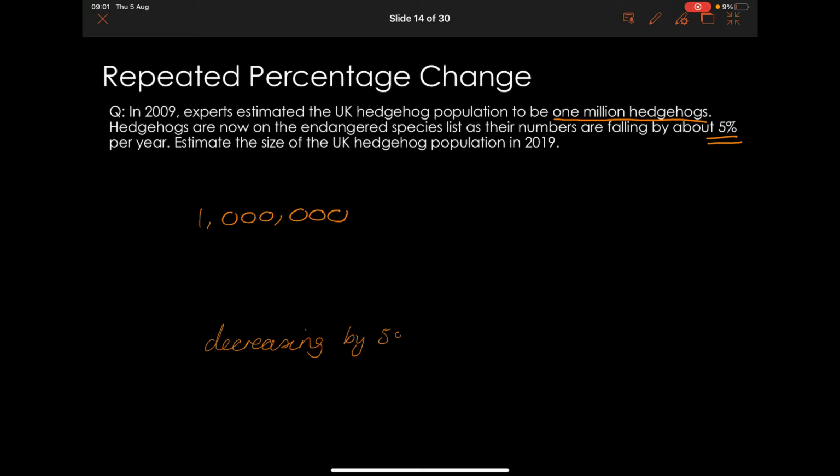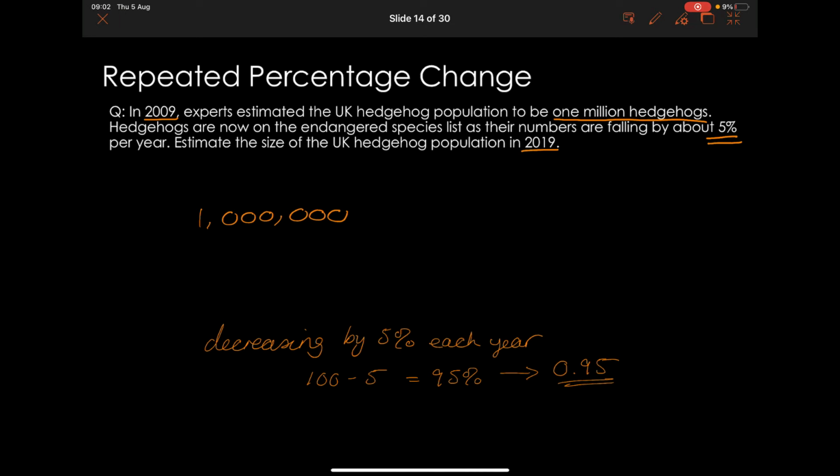by 5% each year. Now, if we're going to use our multiplier method, because this is quite a big question, I don't want to have to work out, it looks like 10 years worth of decreases of 5%. What I do instead is, because it's decreasing, I do 100 take away 5. That gives me 95%. And as a multiplier, that's 0.95.